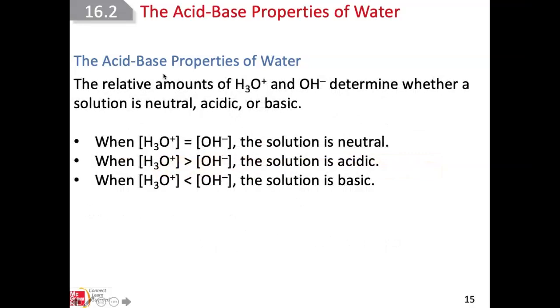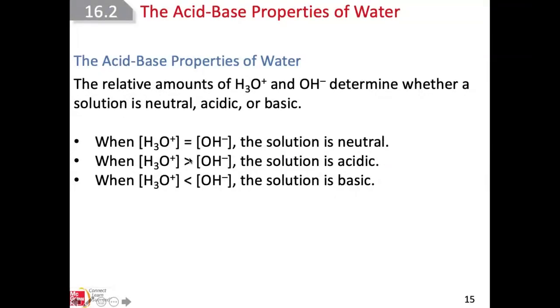So the relative amount of the hydronium ion and OH minus ion determines if the solution will be neutral, acidic, or basic. If the concentration of hydronium ion and OH minus are equal to each other, then the solution is neutral.